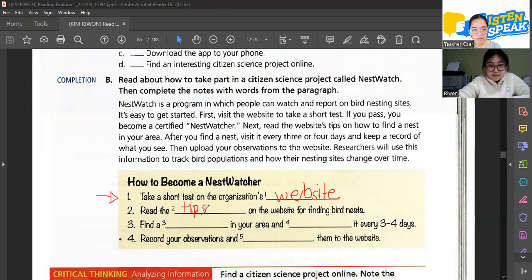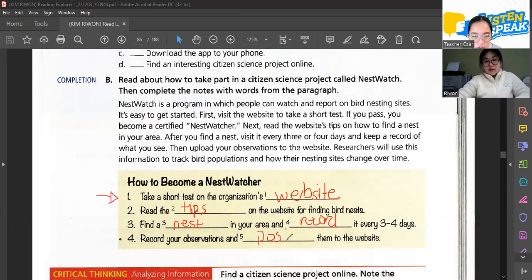Okay. Find a nest in your area and record it every 3 to 4 days. Record your observation and post them to the website.